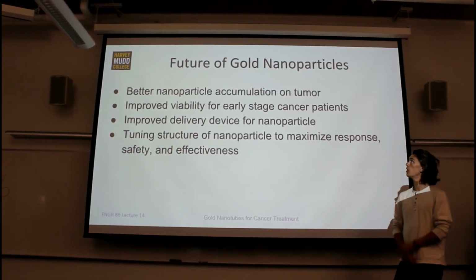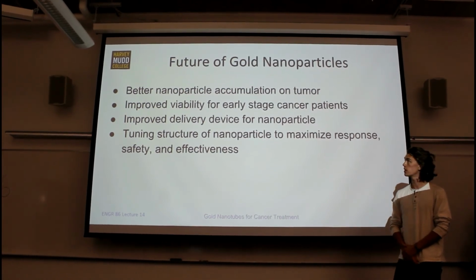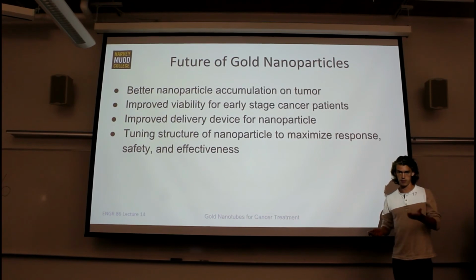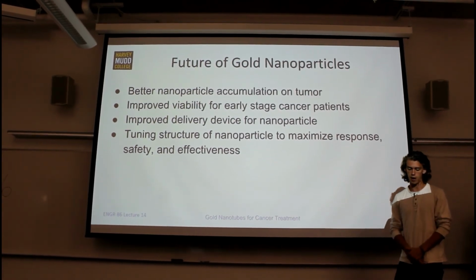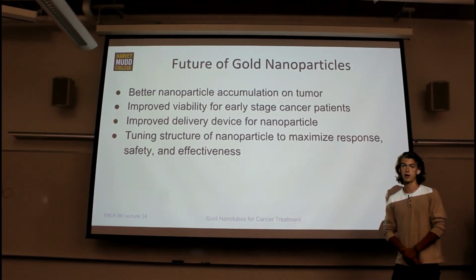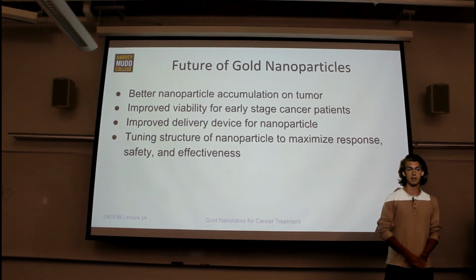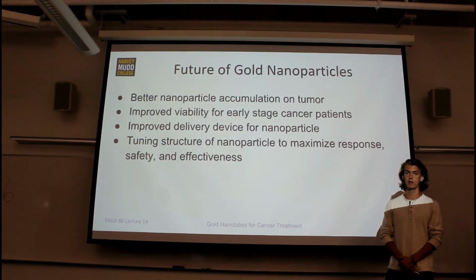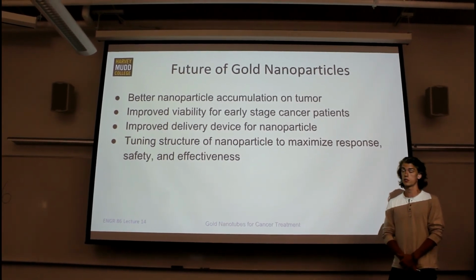And so the future of gold nanoparticles is very promising. Better nanoparticle accumulation on the tumor is being developed, especially through the design of the actual particle and introduction of the biological agents, as was mentioned, especially receptors and antibodies that will potentially bind to tumors and tumors alone.